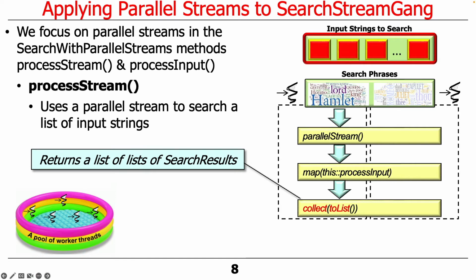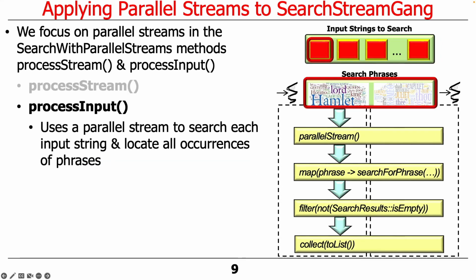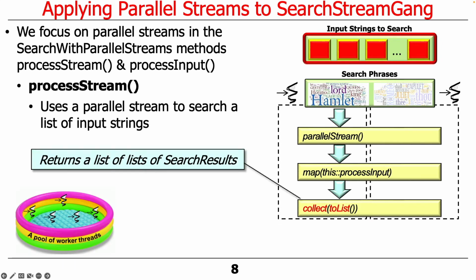What's returned from process stream is a list of lists of search results. And if we have time to walk through the example in more detail, you'll see why we have a list of lists. And then we use flat map to flatten those things. The other method, which is actually called as a kind of subroutine of process stream, is called process input.